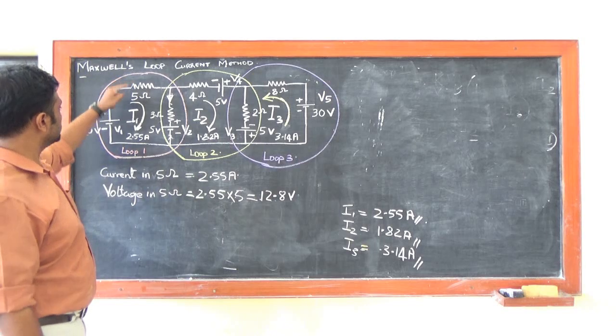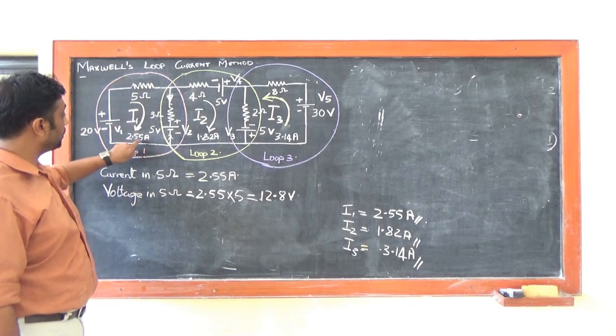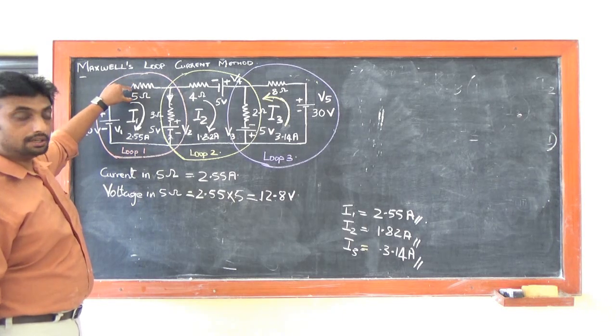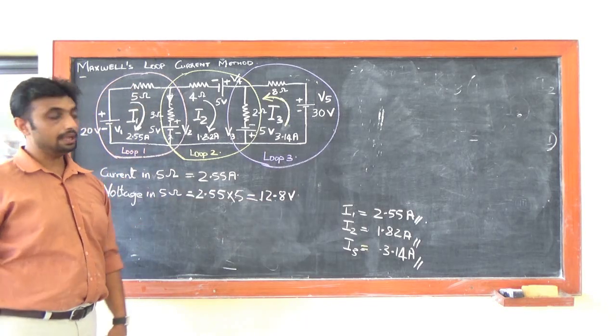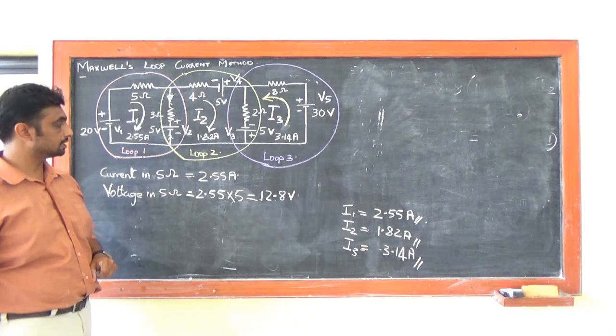So in this resistor I have 2.55 amps, and I have my resistor value. So 2.55 into 5 will give me my voltage and current in this particular resistor.